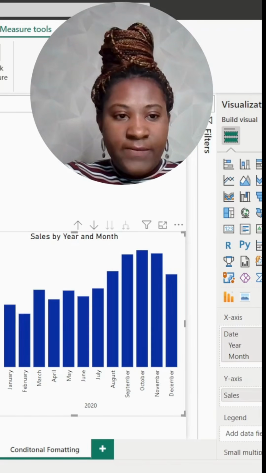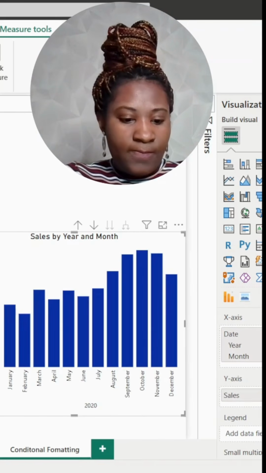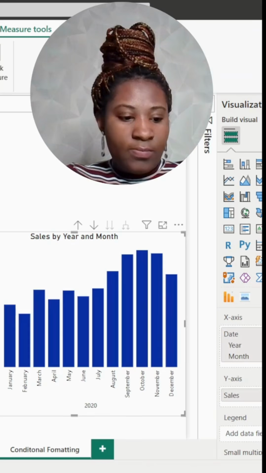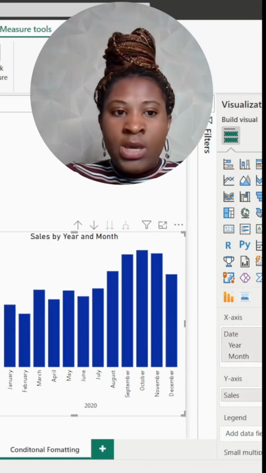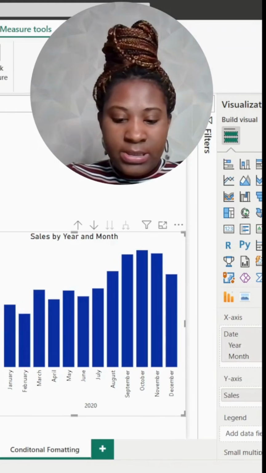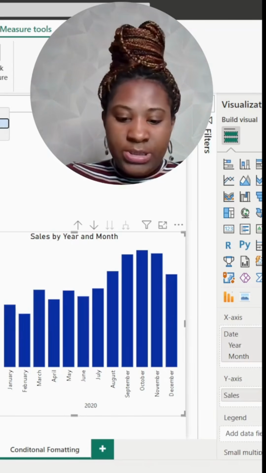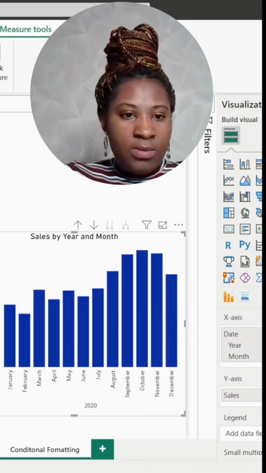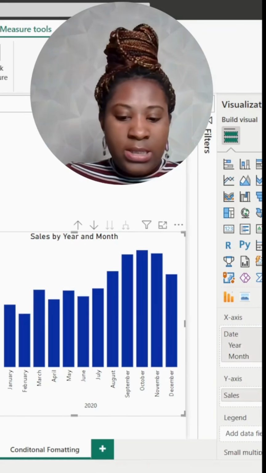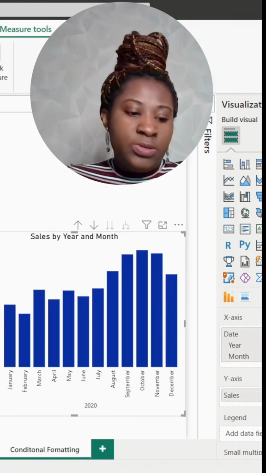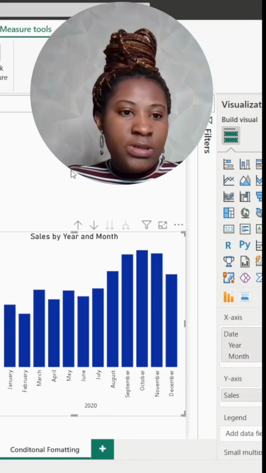Then we say if the target was greater than the sales, it should be -1, and else it should be 0. So this would help us with conditional formatting.